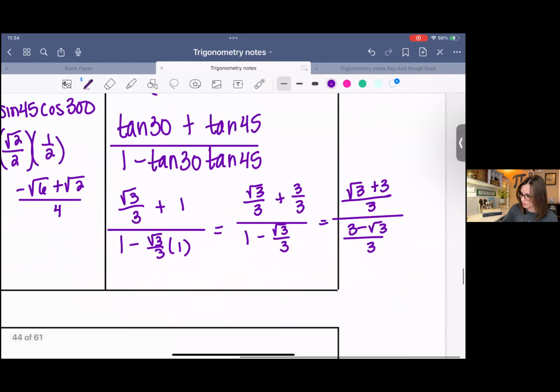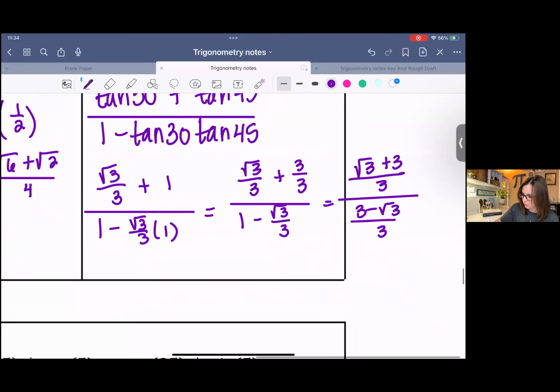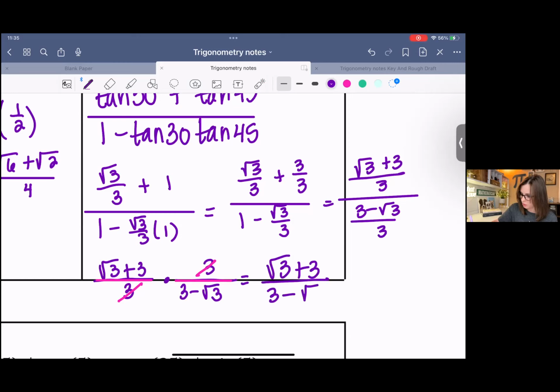To get, sorry, I've run out of room here, root 3 plus 3 over 3 times, flip that bottom fraction, 3 minus root 3. That purple is kind of hard to see. There's a bar right there. So that now the 3's divide. And we have root 3 plus 3 over 3 minus root 3.